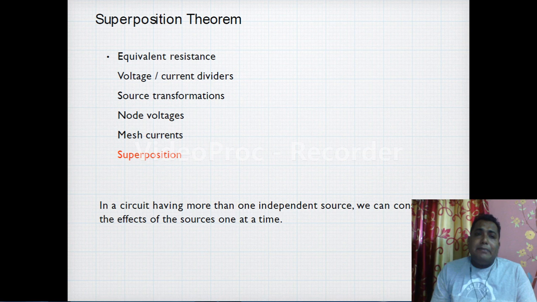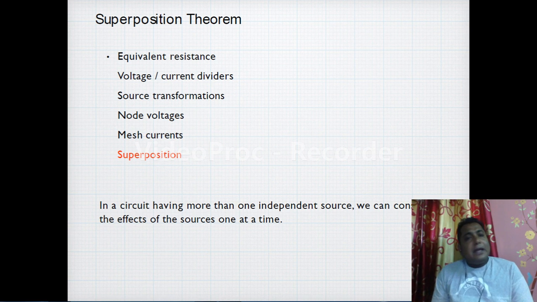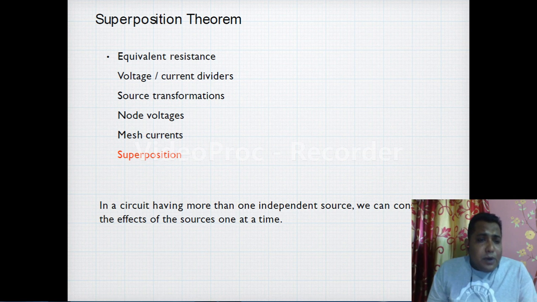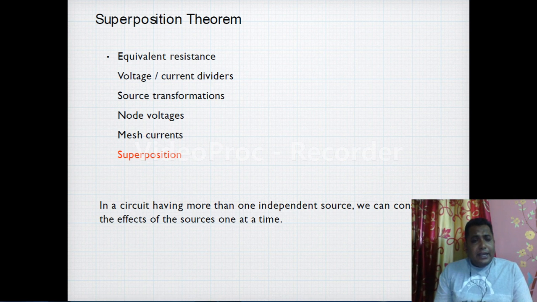It can be used for the measurement of branch currents and branch voltages. In the end, what is written here: in a circuit having more than one independent source, we can consider the effects of the sources one at a time.